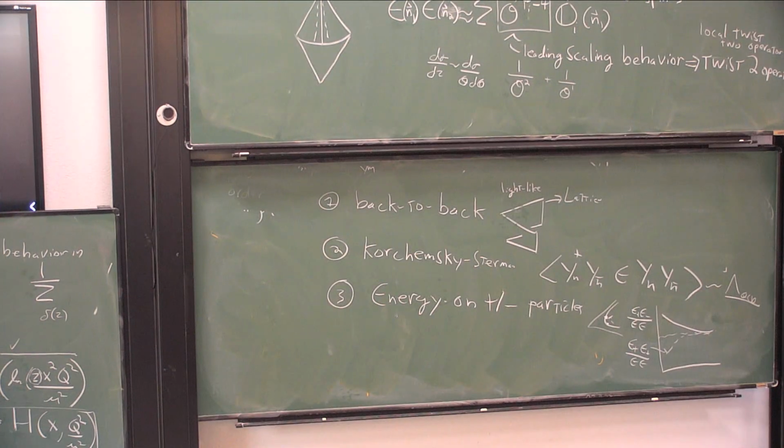Maybe before dinner, at 6 or so. Sasha, what? I'm gone. You're gone anyway? Okay, so I suggest 6 o'clock. We meet here, more informally, for those who want to hear about these three things. Is that good? Sure.